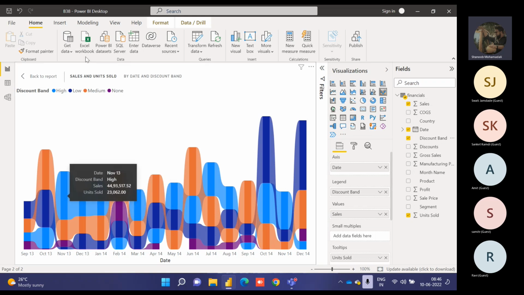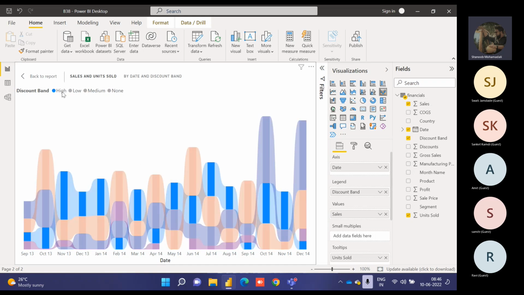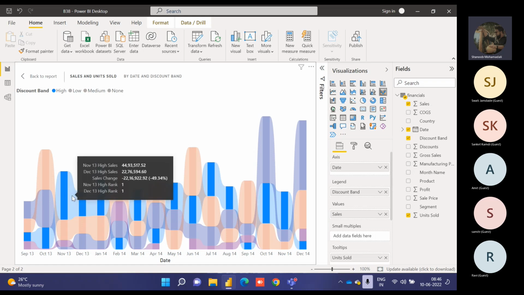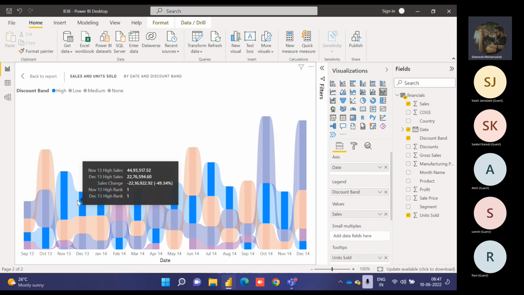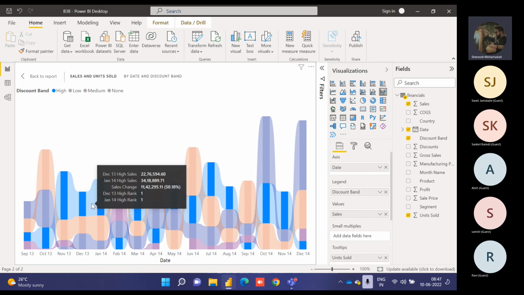So if you see here, let's take the discount band high. From November to December, it has decreased. By just looking at it, we come to know it has decreased, but how much has it decreased? It is less by 50%. That means it has reduced by 49%. If you look at the comparison between December and January, it has now increased.